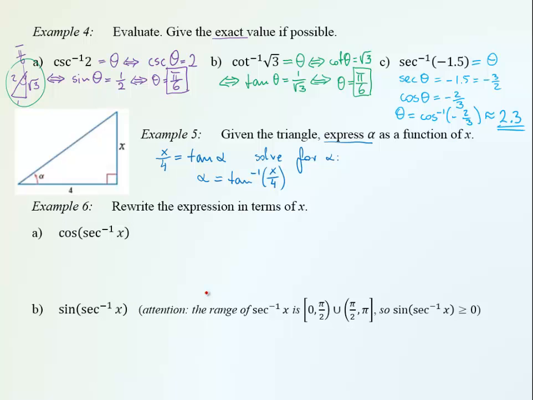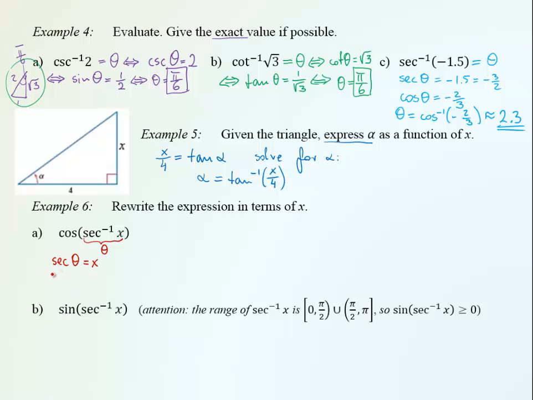The next exercise asks us to rewrite the expression in terms of x. So basically simplify this as much as possible. Let's look at the inner bracket. The arcsecant of x is such an angle theta that secant of theta is equal to x.